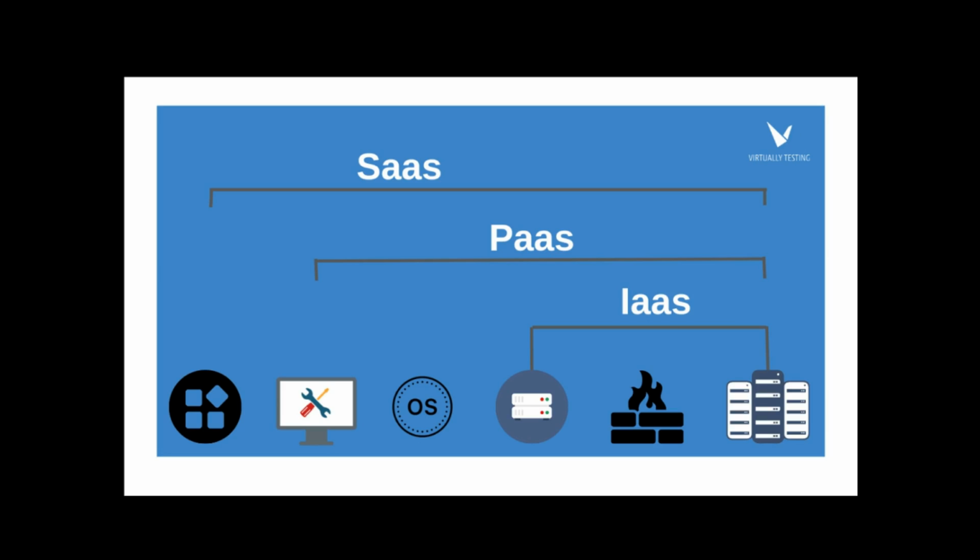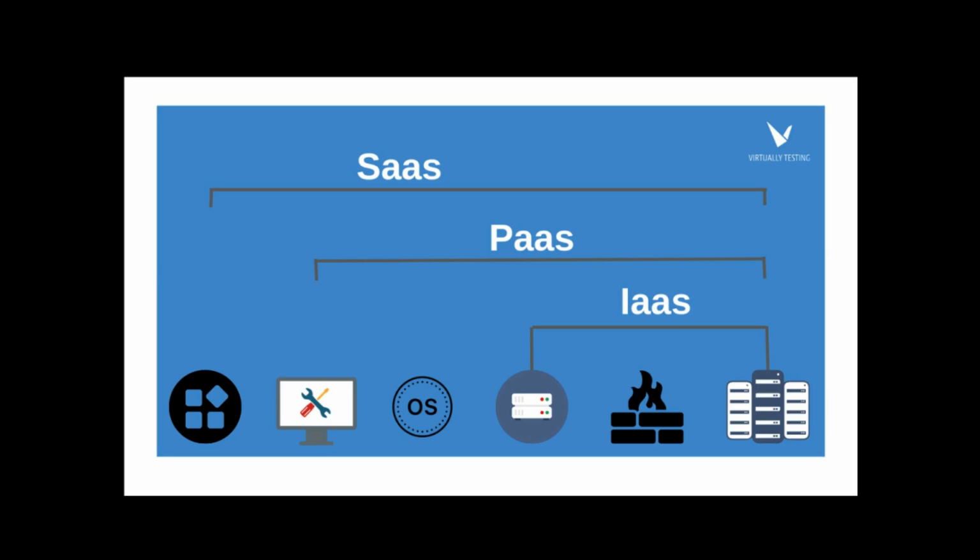So that is categorized under infrastructure as a service. So these are the three services: software as a service, platform as a service, and infrastructure as a service. These icons from left to right are application, development tools, operating system, then servers, then networking, then the physical data center.